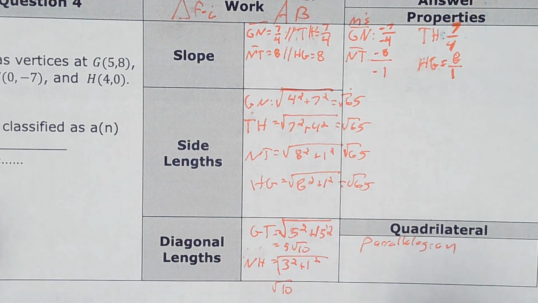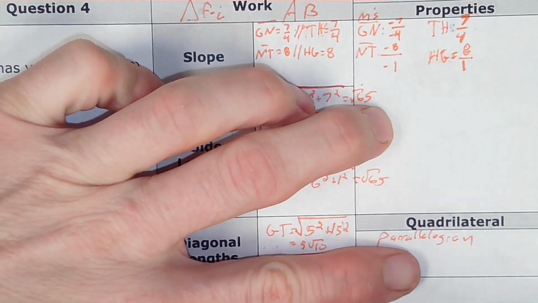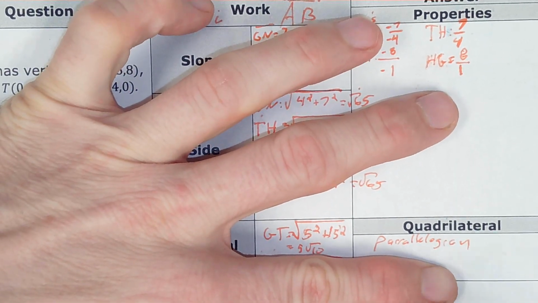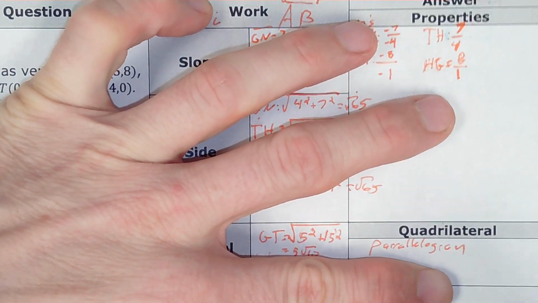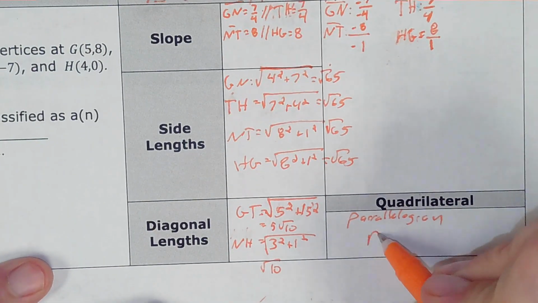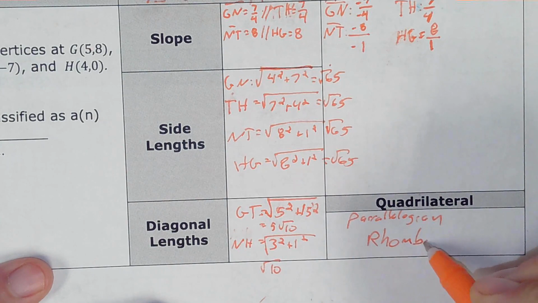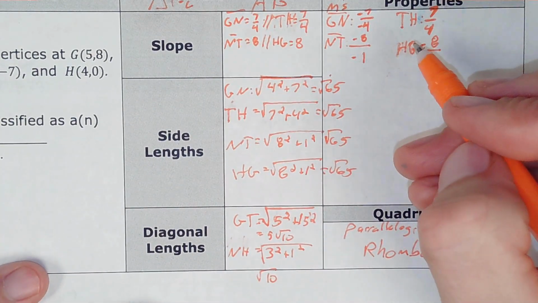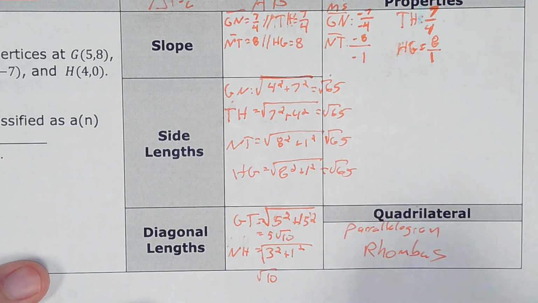And it looks like we kind of have a rhombus going on. It's a rhombus because all 4 sides are congruent.